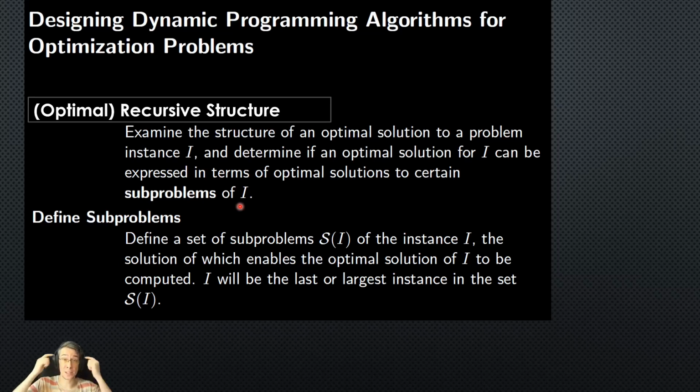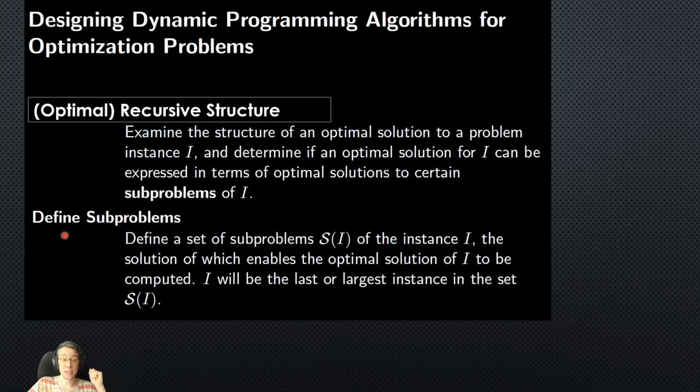In other words, if I solve the subproblems optimally, I can assemble those optimal solutions to subproblems into an optimal solution for the problem. This is perhaps the most important aspect of a problem that makes it amenable to solution using dynamic programming techniques.